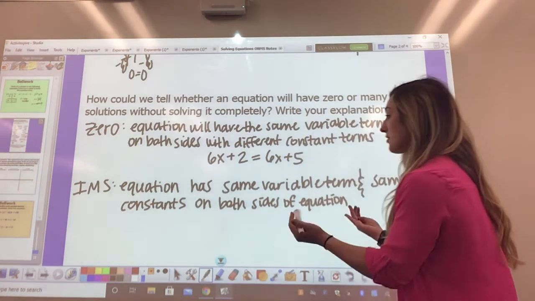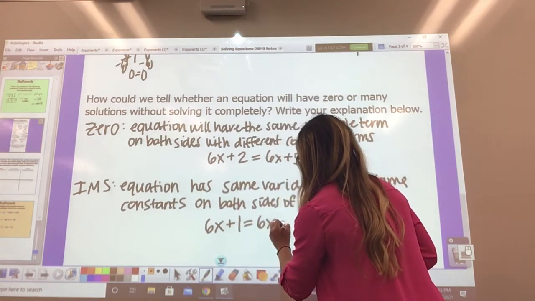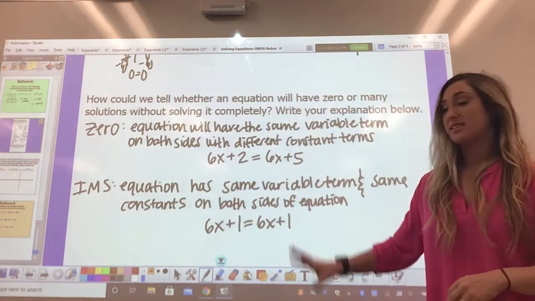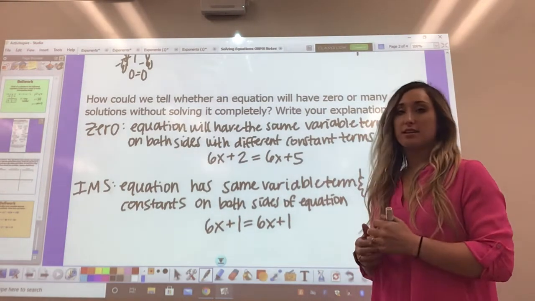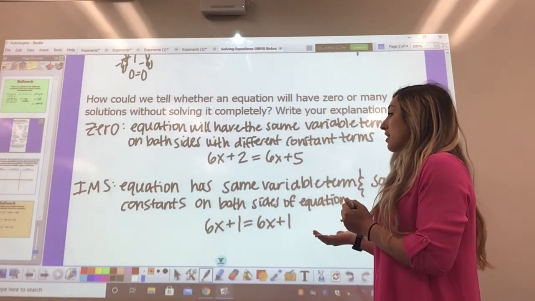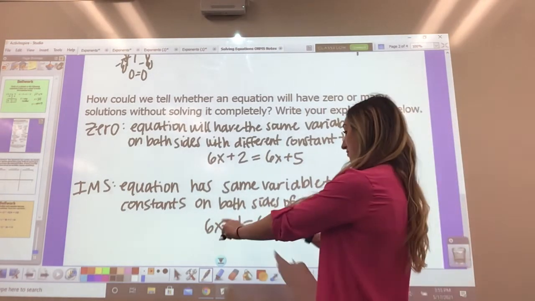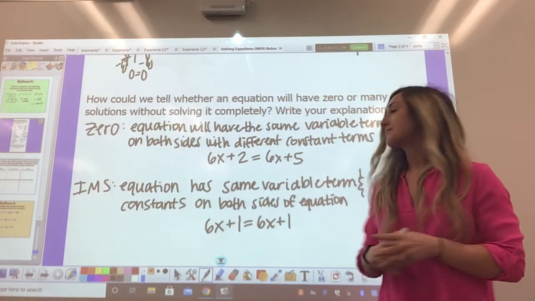So, for example, 6x plus 1 equals 6x plus 1. If it simplifies to that, or if it just is that, it'll be infinitely many solutions. And then, of course, if it's different and different, then it'll have just one solution like we've seen.